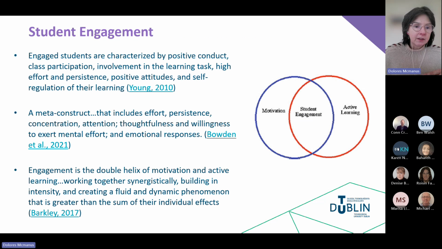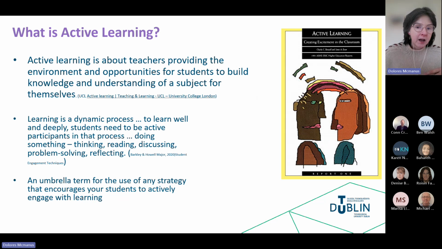Okay, so again, these are just a couple more characterizations of what student engagement can mean. But where does this leave us in terms of active learning? We have a good sense and lots of evidence that engagement is very important for student achievement.